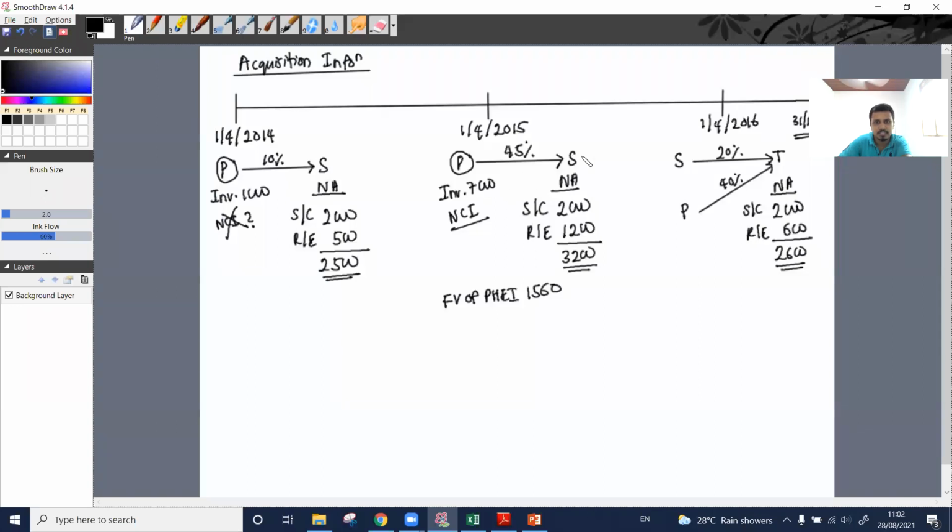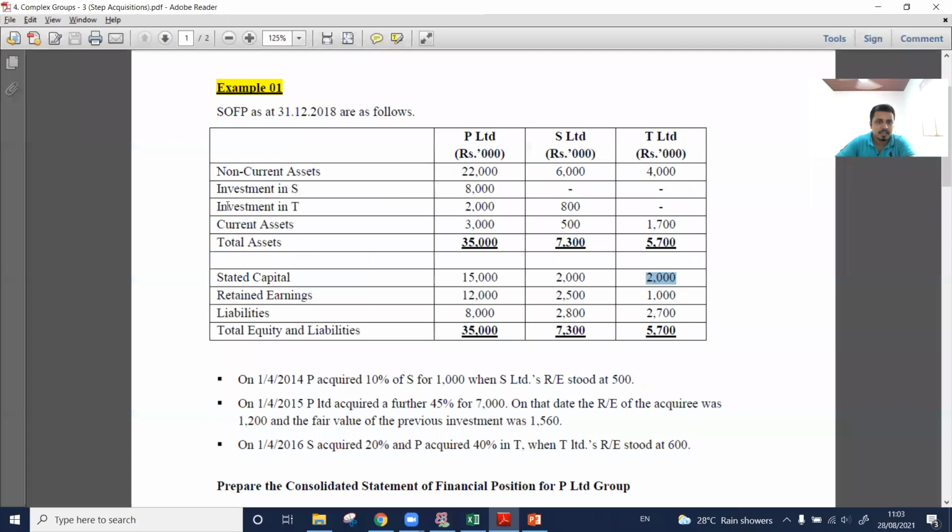What else is missing here? Yes, investment values here. To acquire this 20% of T, what is the amount invested by S? Investment in T by S Limited, that is how much? 800.